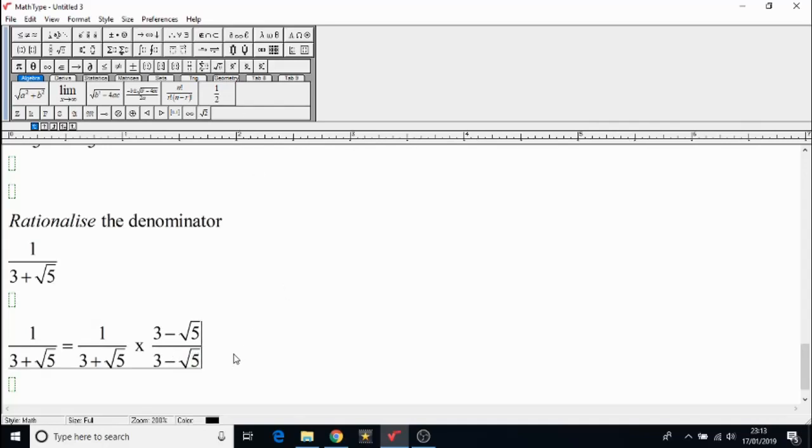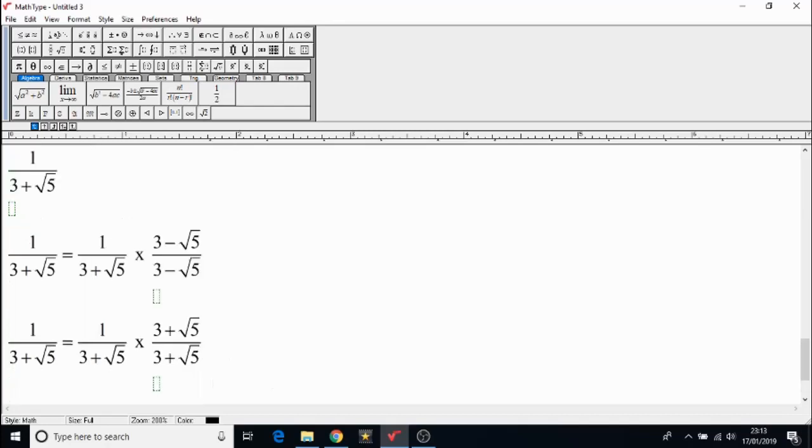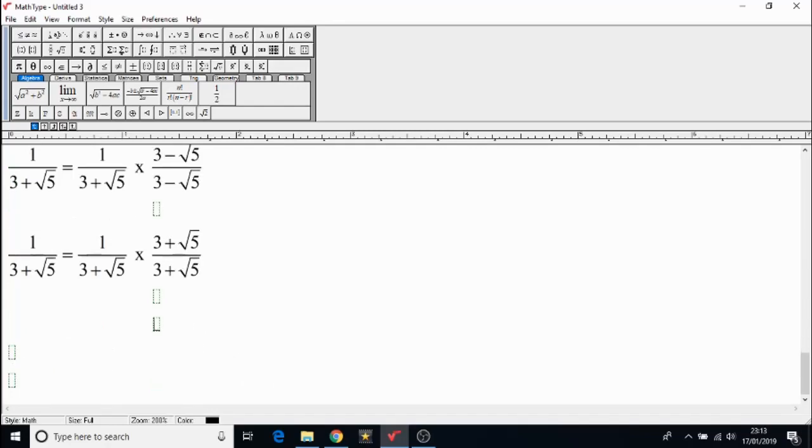So we multiply by the conjugate because if we did, let's say, 1 over 3 plus root 5, I'll show you what would happen. If we decide to do it with this process, you would still end up with a root at the denominator.